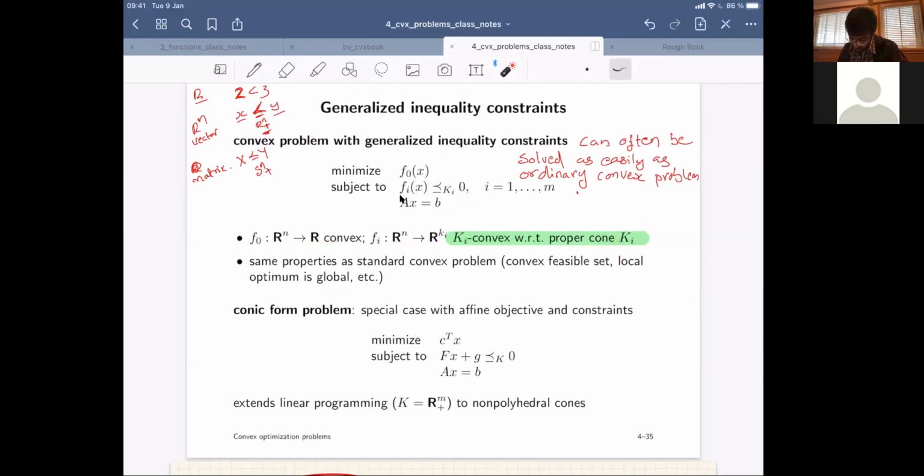Now the thing is, fi is not from Rn to R. Earlier we had something like that. So far we were saying that fi has to be convex. Now fi has to be K-convex. What is K-convex? It's very similar to what we already saw.